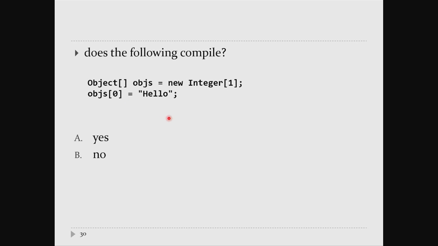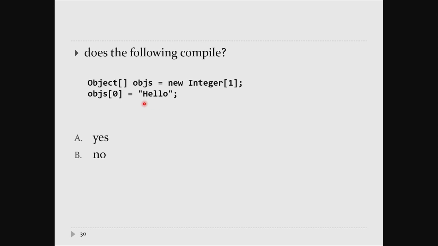Now, does that compile? This is a little strange. objs[0] is the first element of the array. Am I allowed to store a string in that array element? Does the compiler let me store that string in the array element?